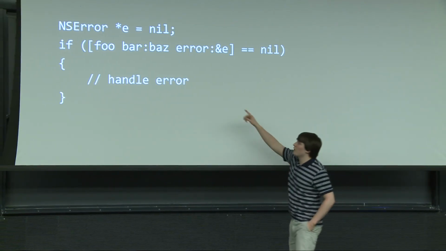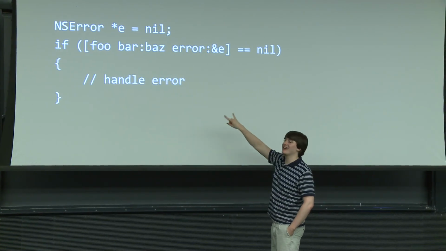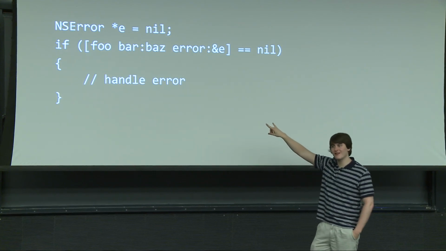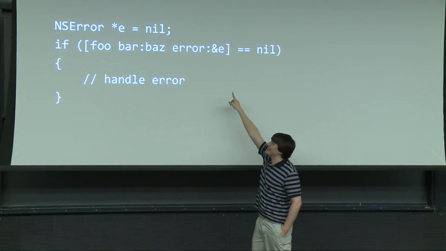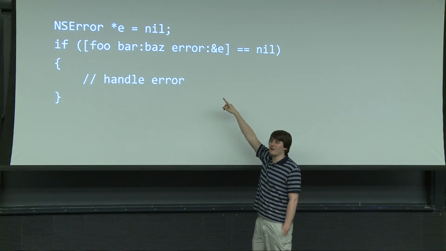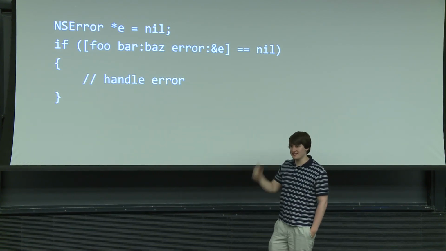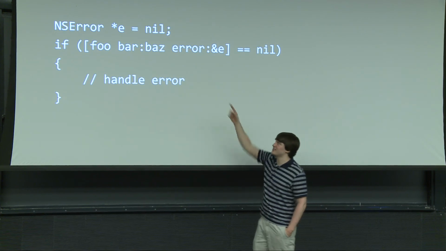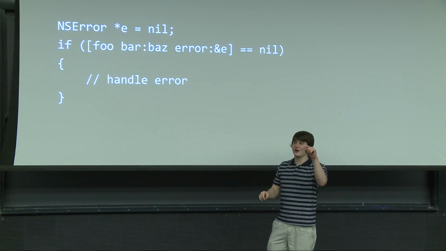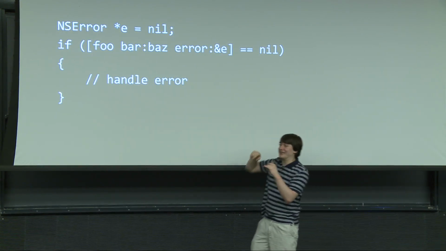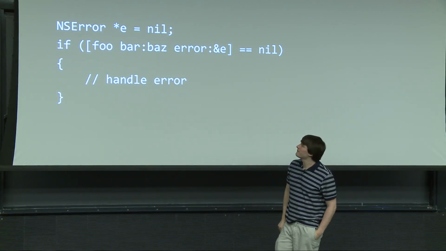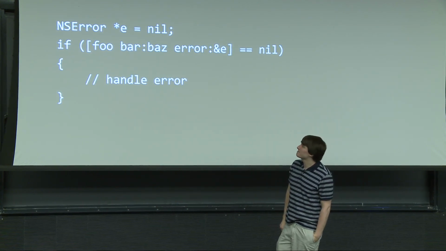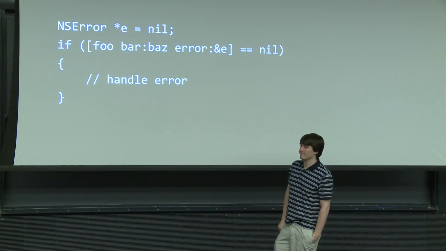By returning nil, it's indicating that something went wrong. And then inside of here, since something must have gone wrong, E must be set to something that isn't nil. Inside of the function, it must have instantiated an NS error object and done star E equals this NS error object. The function has to return nil.